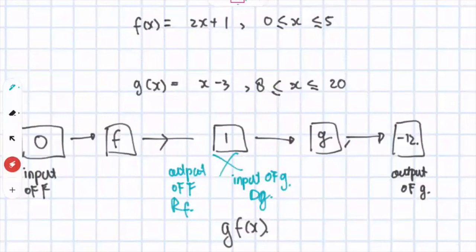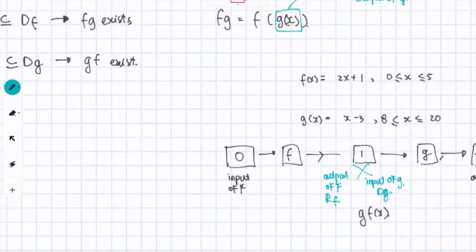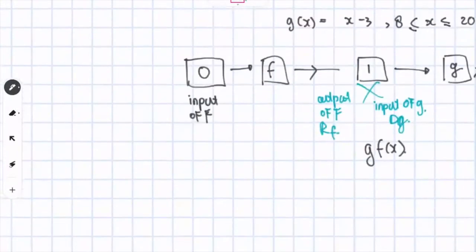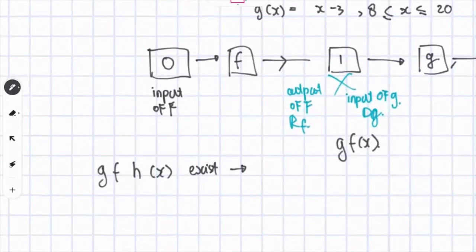Sometimes you have this thing where you want to check whether G, F, H, X exists. So you must do H first, then F, then G. Give me the rule.